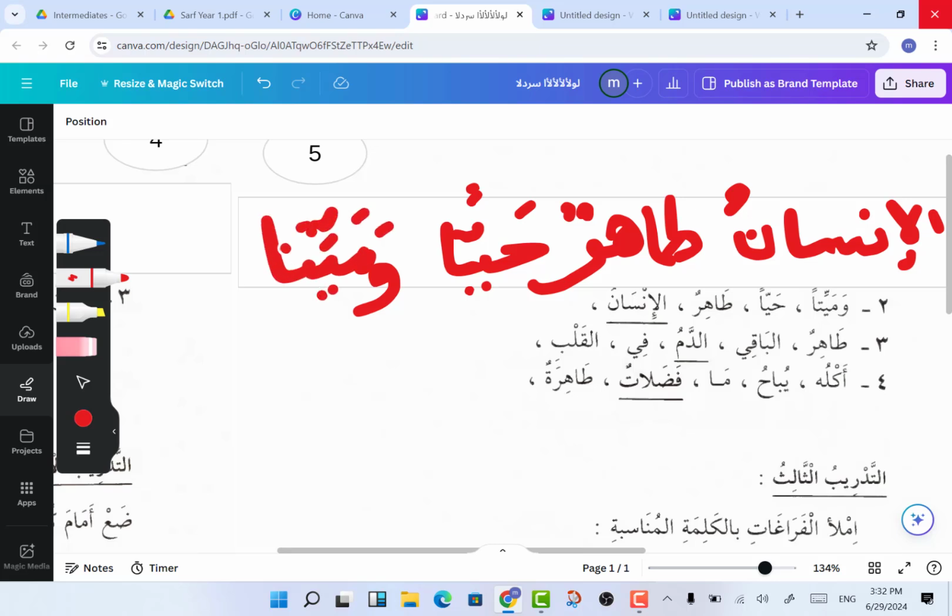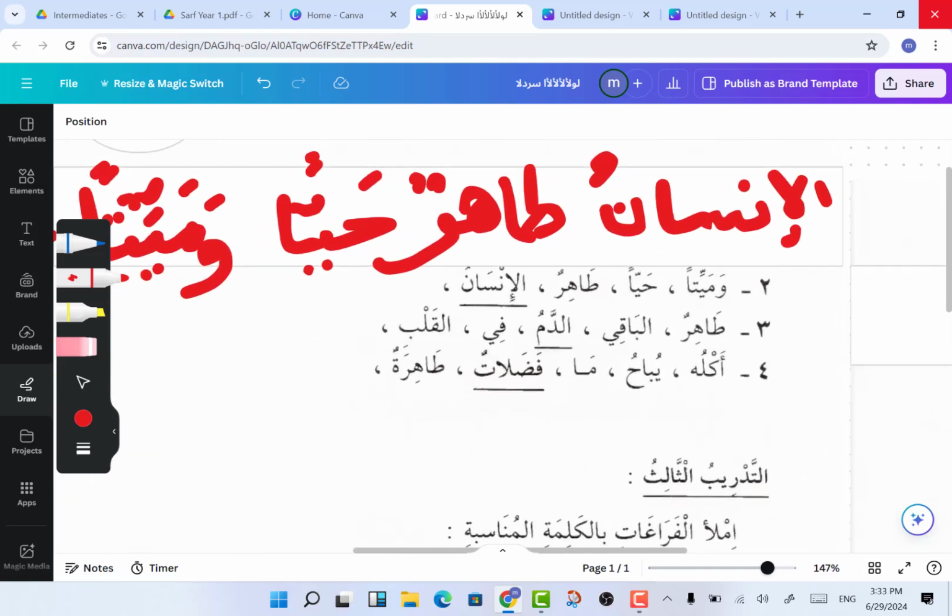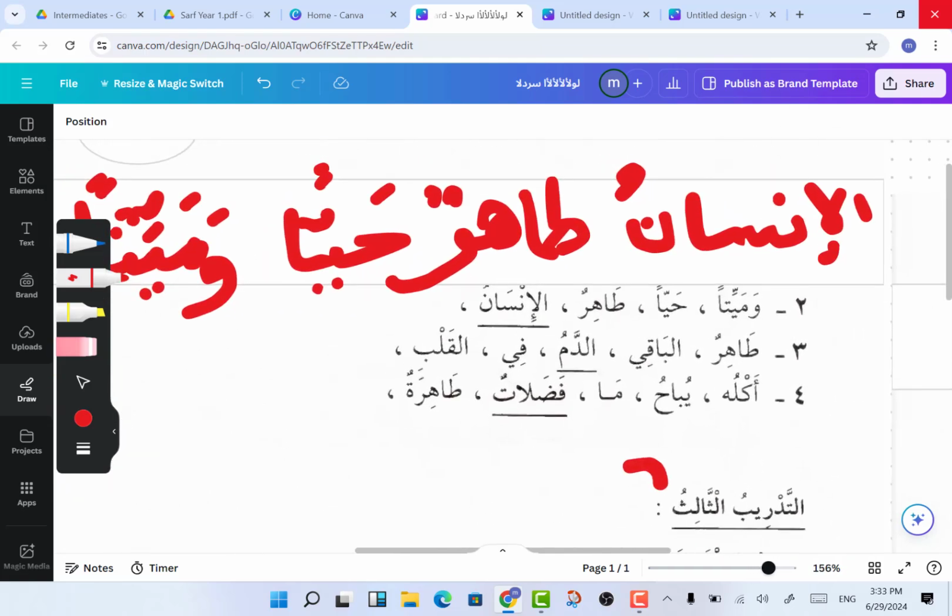Allah Akbar. That's what Allah has done for the son of Adam. وَلَقَدْ كَرَّمْنَا بَنِي آدَم. So some of the Mufassirun have said hayyan wa mayyitan, Allah has done that for us.